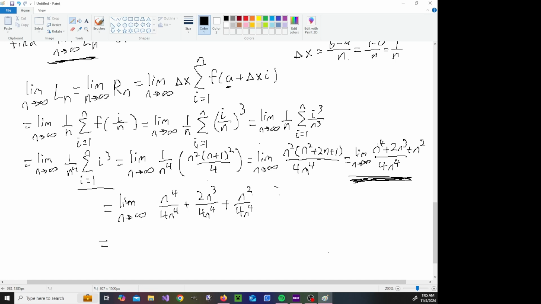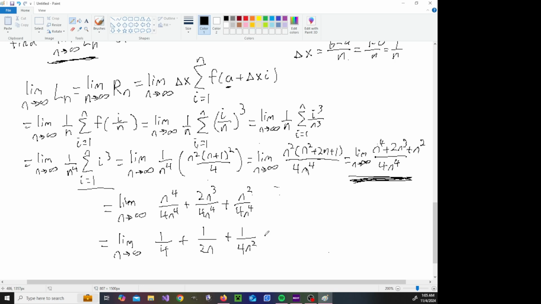Well, hey, n to the fourth divided by n to the fourth cancels, so we're left with just 1/4 plus n cubed cancels with 3 of the n's in the bottom, and 2 and 4 simplifies to 1/2. So this is 1/2 with n in the denominator, plus 1 on top cancels with 2 of these n's.